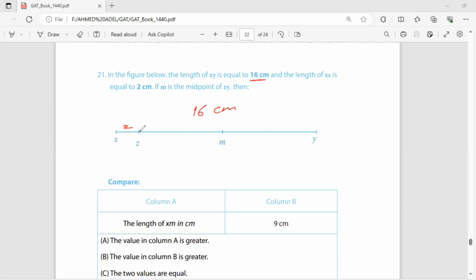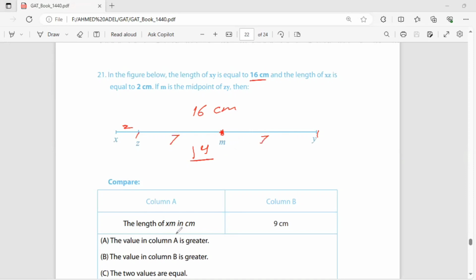So here is the remainder, so zy equals 14. Okay, zy from z to y equals 14 centimeters. If m is the midpoint of zy, m is the midpoint between z and y, so here zm equals 7 and my equals 7.